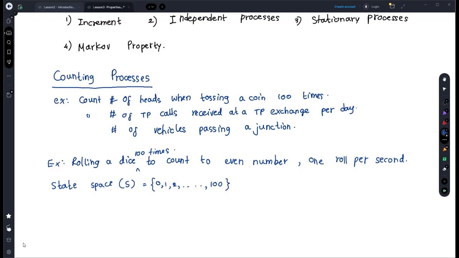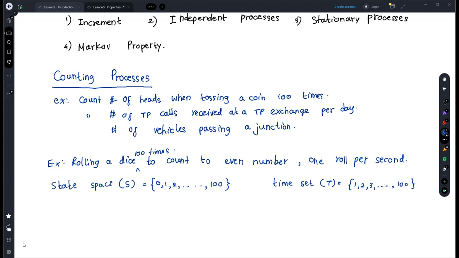So that will be your state space. Okay. What will be the time set, T? So you are rolling at every second, right? First second, then, excuse me, up to the 100, right? So this is also discrete. Okay.